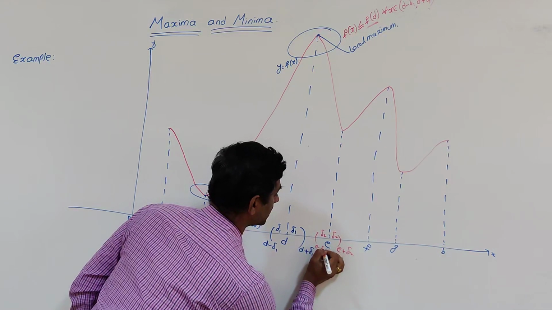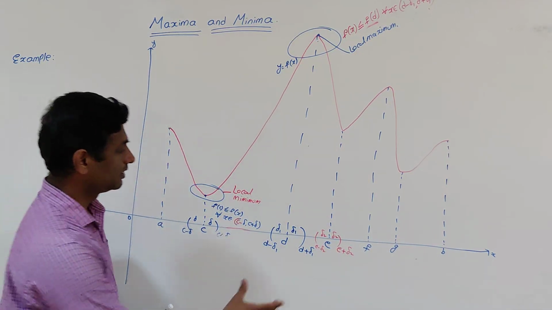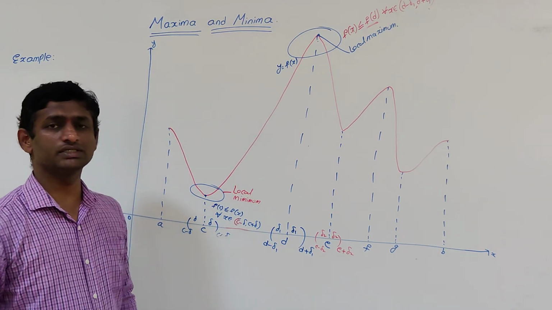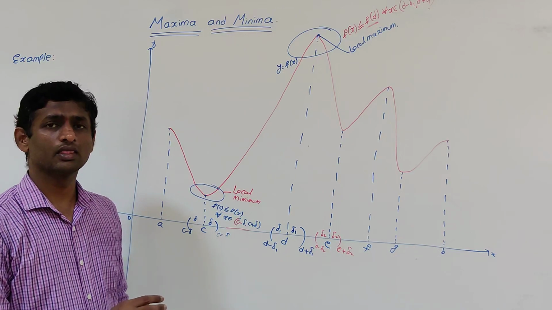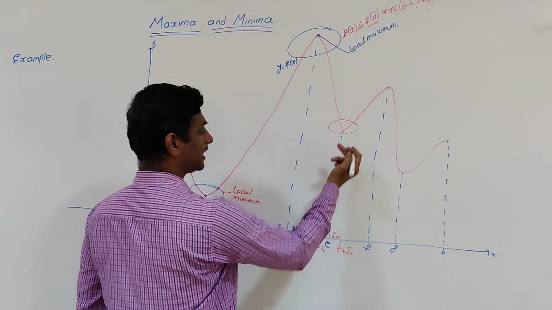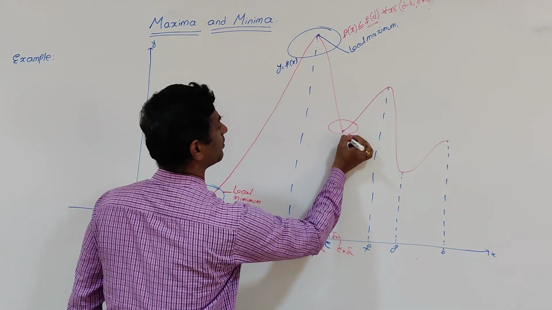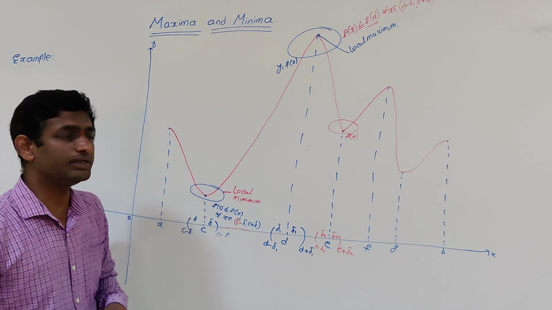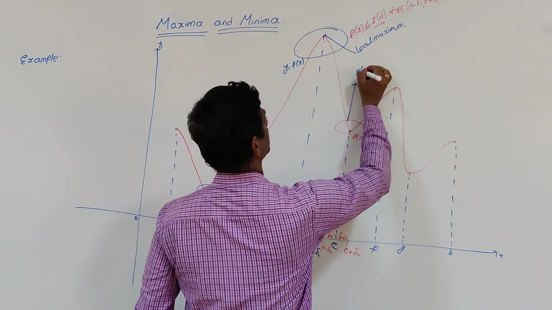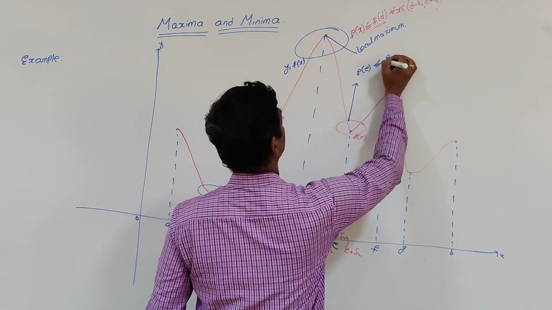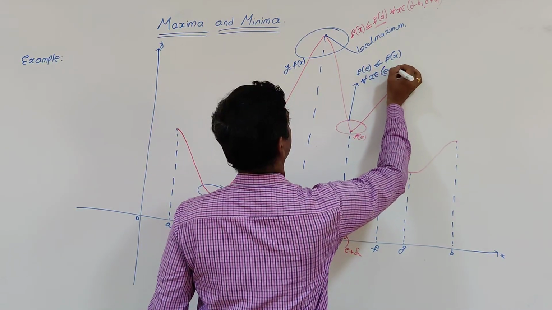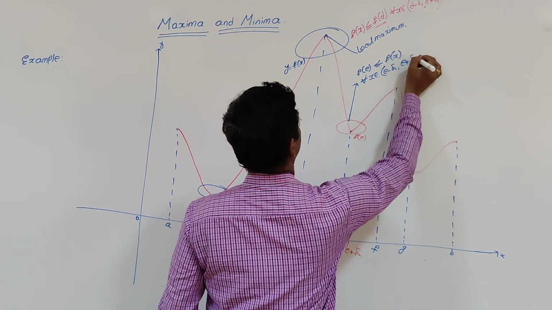In this interval, the outputs are greater than f of E. So as per this condition, f of E is less than or equal to f of x for all x belongs to E minus delta 2 comma E plus delta 2.